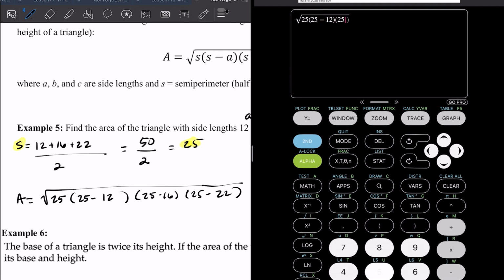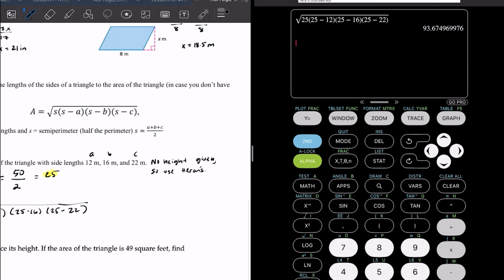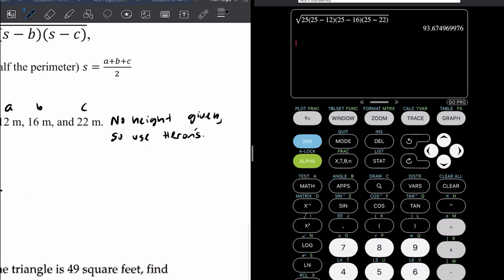Another parentheses 25 minus 16, close it, times the quantity of 25 minus 22. And then I'm going to hit enter. It doesn't say what to round, so we're going to round this to the nearest tenth. So the area of this is approximately 93.7 what? Square meters. Perfect. Okay.